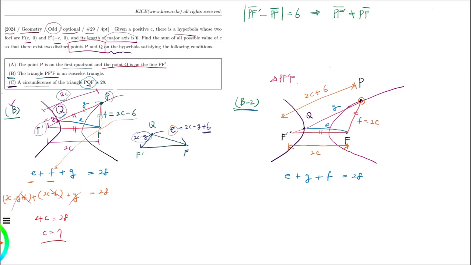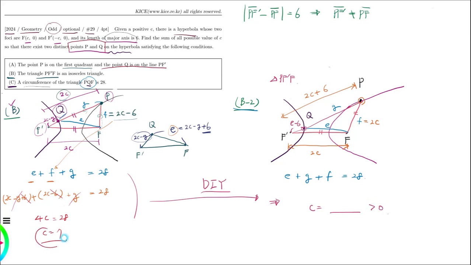And then for the point Q on the hyperbola, this is the shorter one. This should be E minus 6. So you can do the similar thing. Please do it yourself, and you'll get another positive value c here.